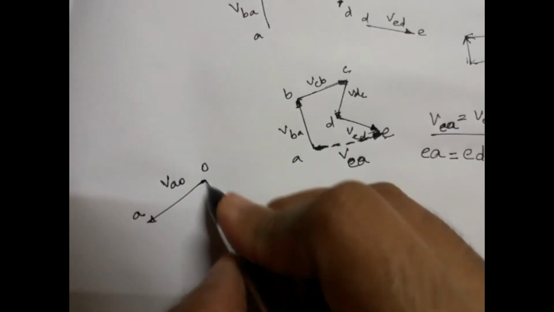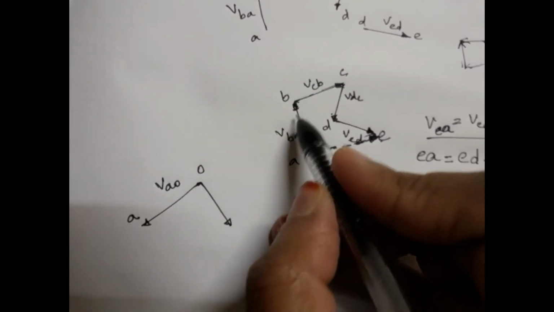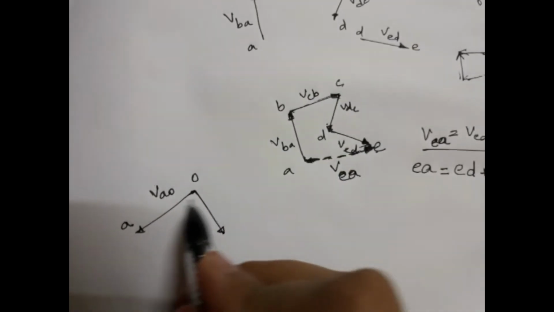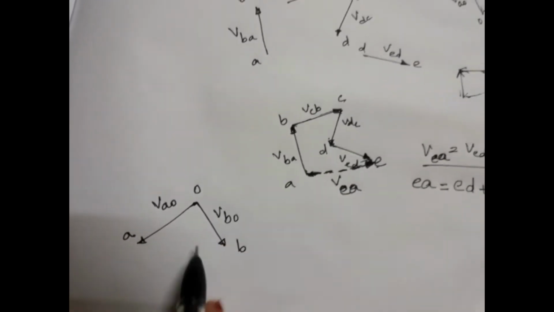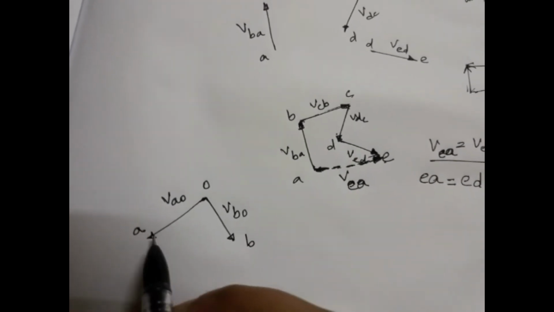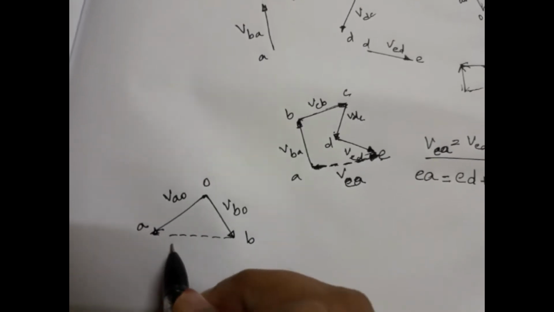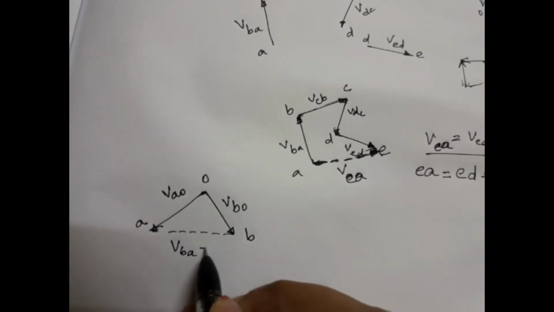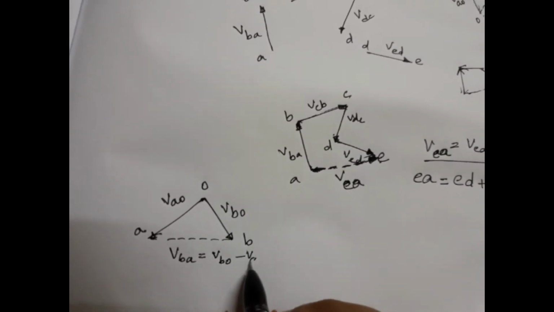And if there is another vector whose tails are touching each other, they are not head to tail, they are tail to tail. So if this is B, say this is VBO, then the closing side will give us VBA, which will be VBO minus VAO.